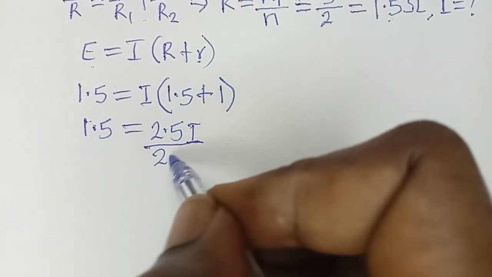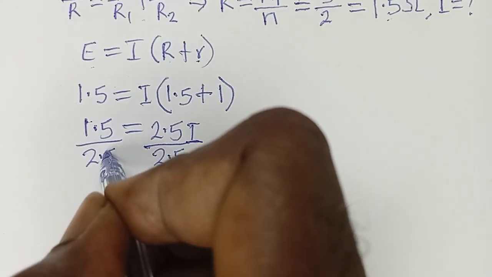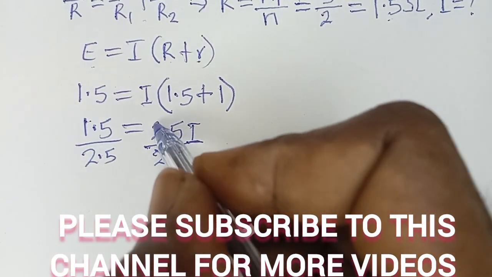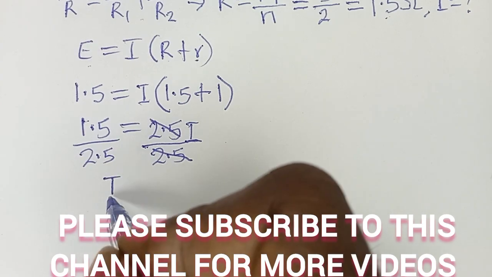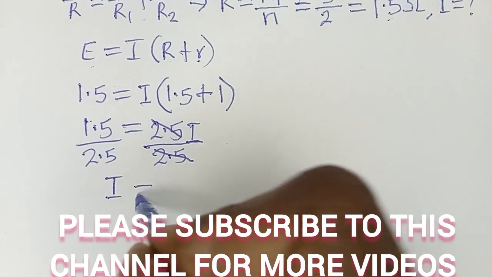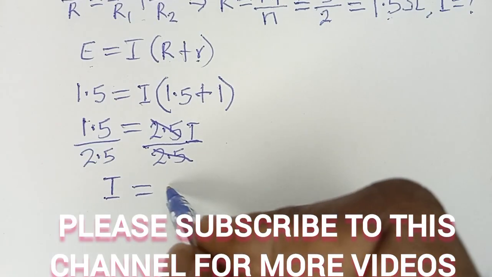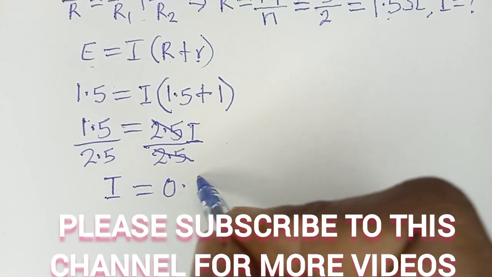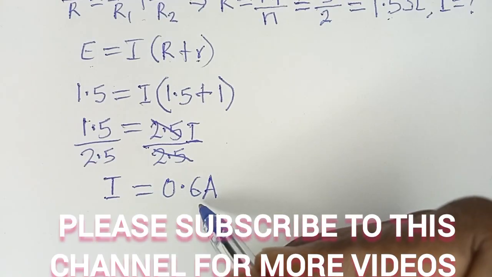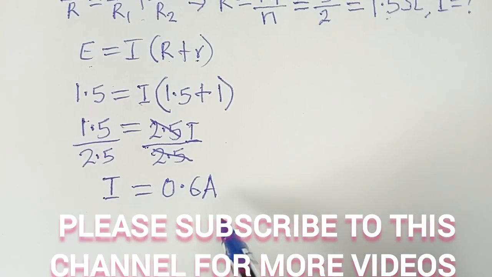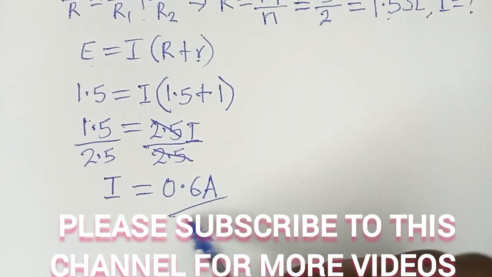So 2.5 cancels 2.5 and I'm left with the current on this side, equal to 1.5 divided by 2.5, which gives 0.6. That shows that the current in the circuit is 0.6 ampere. The unit for current is ampere, A. And so this is the final answer.